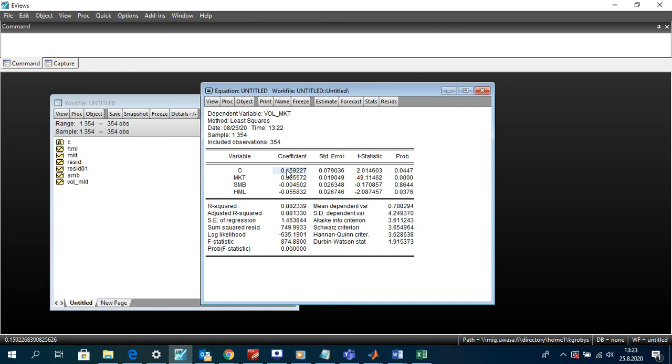Hence, using the volatility managed market factor expands the mean variance frontier of these 3 factors here. So adding the volatility managed market factor to these 3 risk factors expands the mean variance frontier. This would be our conclusion.